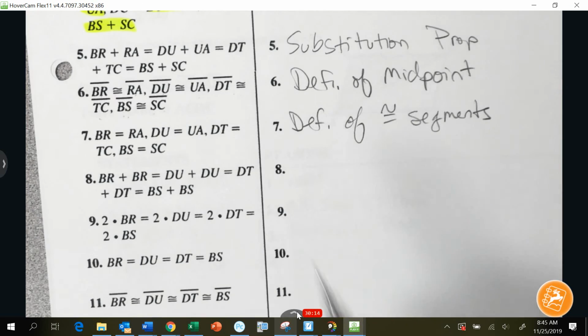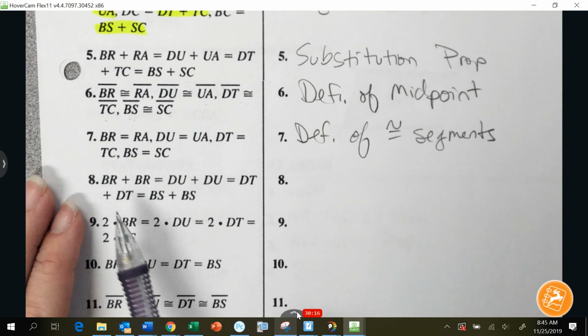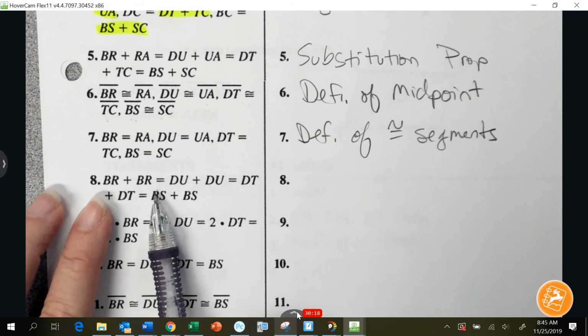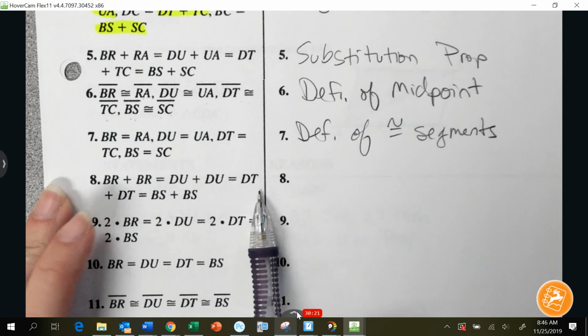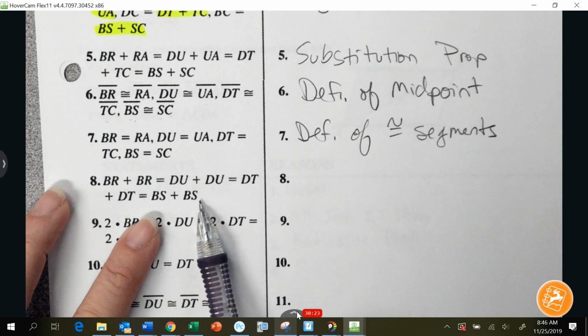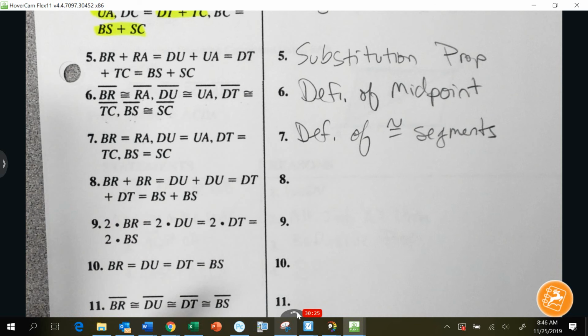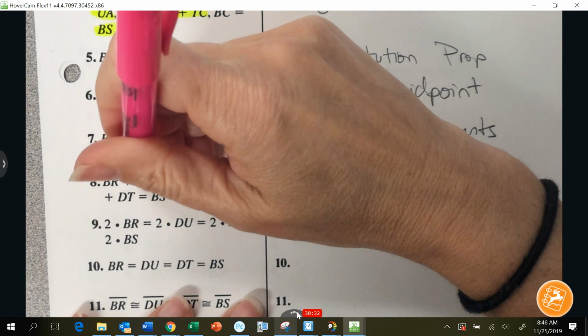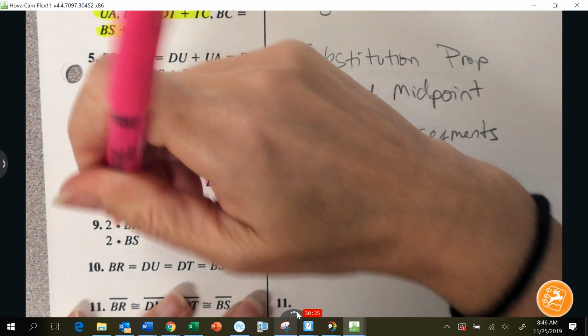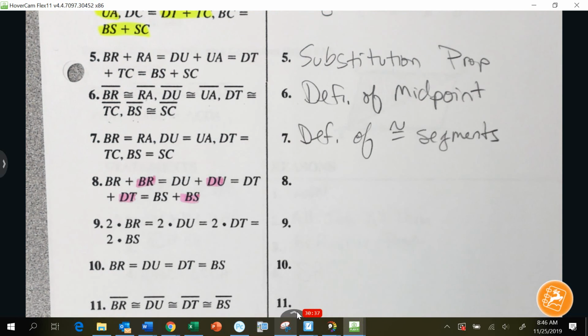All right, now we have craziness. Here we go. We now have BR plus BR, DU plus DU, DT plus DT, BS plus BS are all equal to each other. What allows me to go from step 7 into step 8?